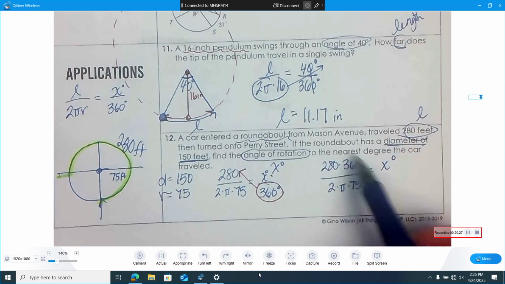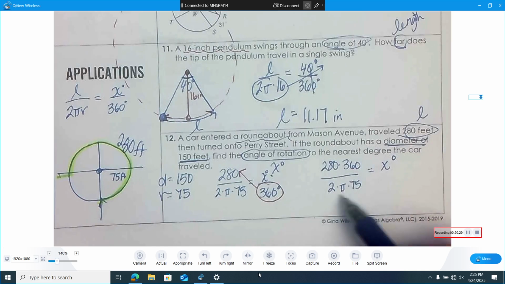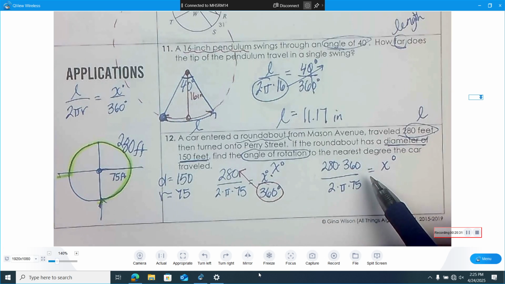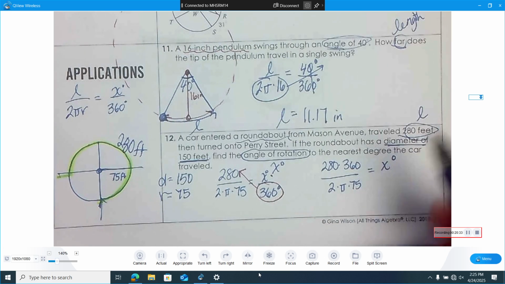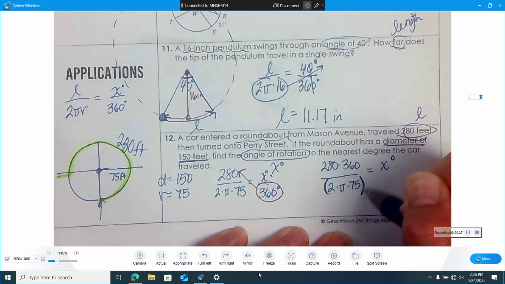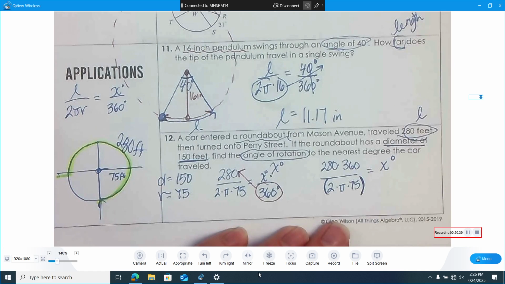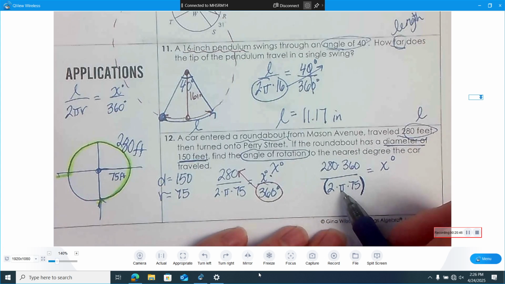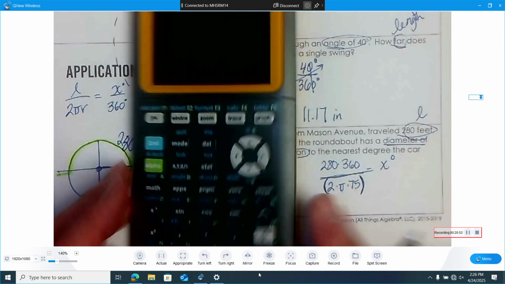What do I need to do when I put this in my calculator? Make sure you put the parentheses. Why do I need to have the parentheses on this one? Because the calculator does exactly in order. We want to make sure that we're telling it, we want the 2 and the pi and the 75 all being divided. So we want to make sure that we do that right.